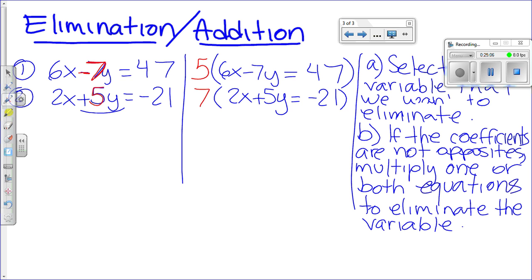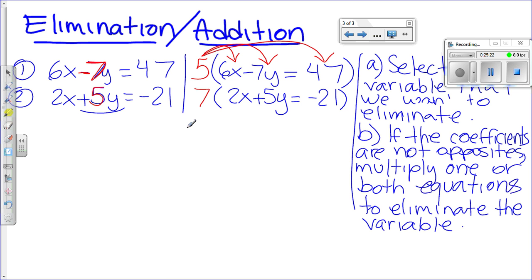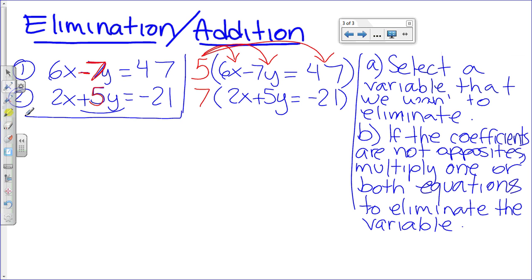Now, when we do that, we must distribute that number to every single term, including the constant term. So, from the first equation, that will turn into 30x minus 35y is equal to 100 plus 35, 235.